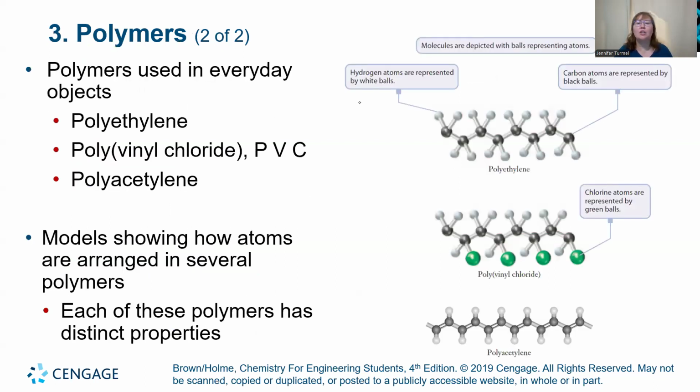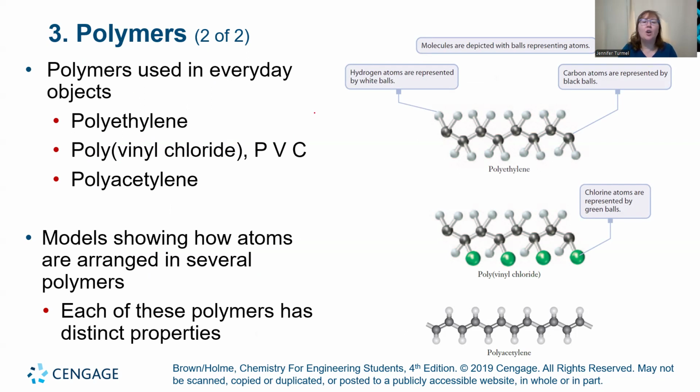All right, so let's take a look at polyethylene. It's used in everyday objects, and it's probably one of the most common polymers that we have out there. It can be listed as a couple of different things.